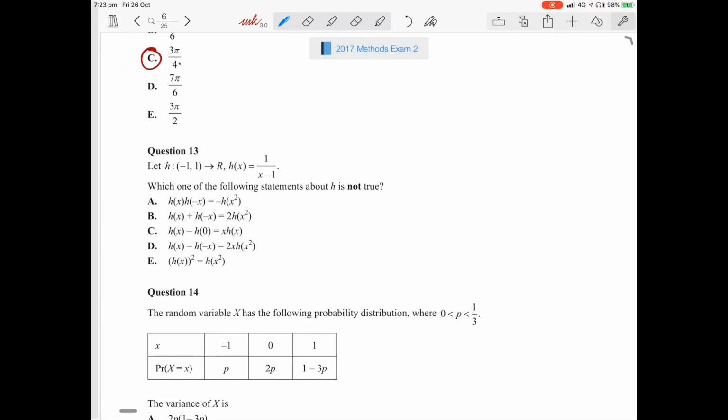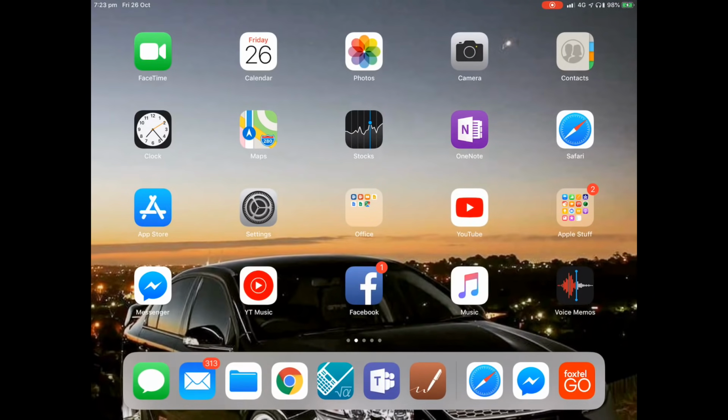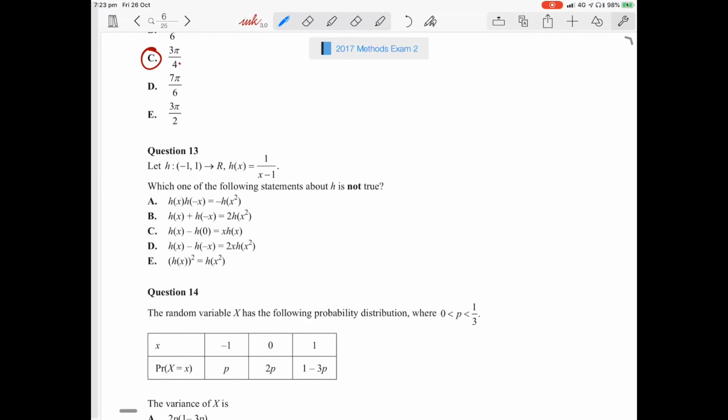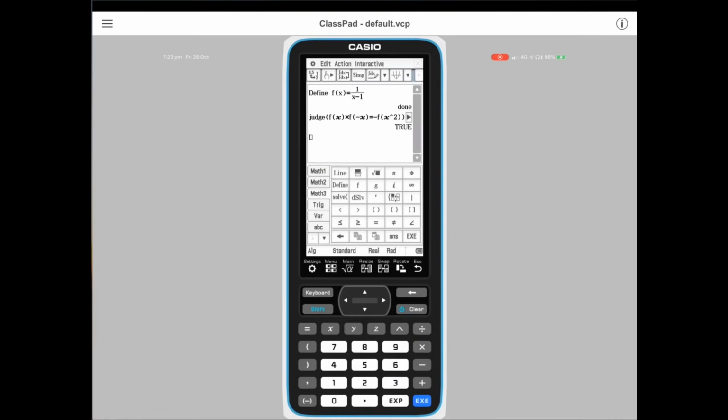Let's try the bottom one. H of x squared equals, what have I done? So we know it's not that. I know if I go for the bottom one first, probably going to be the top one, but let's do it anyway. So h of x all squared.